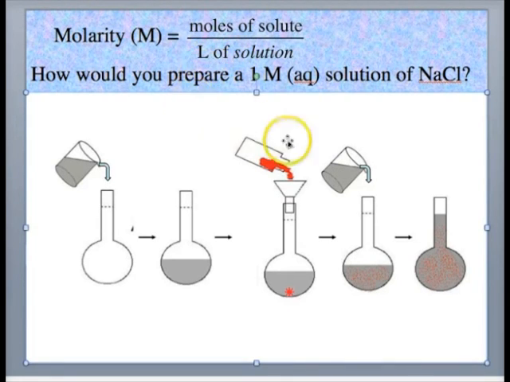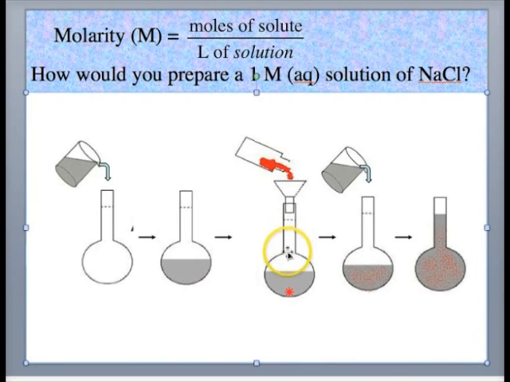You cannot fill up your volumetric flask with water first and then add your sodium chloride, because that might change the total volume of the solution. And the definition is moles of solute per liter of solution. So you have to make it up this way. You take a little bit of water, maybe fill the volumetric a quarter or a halfway full.